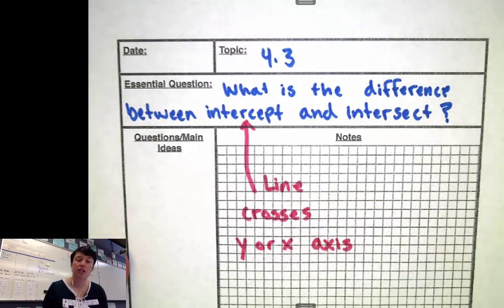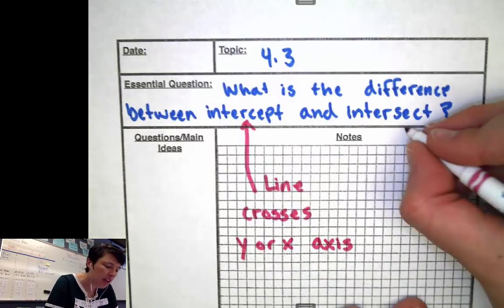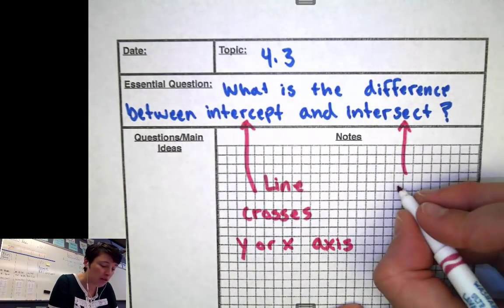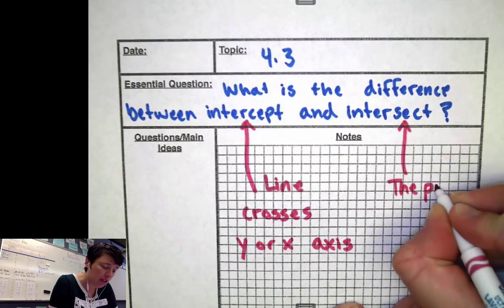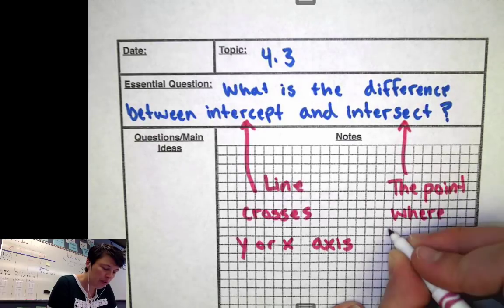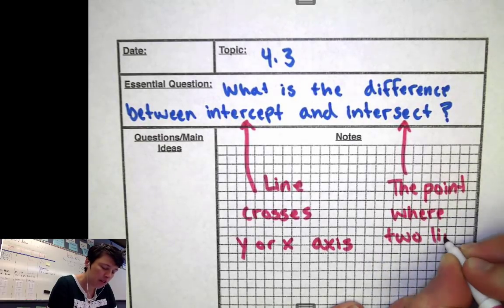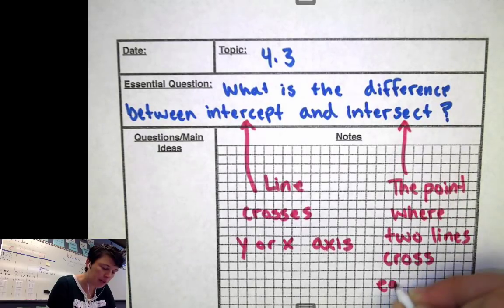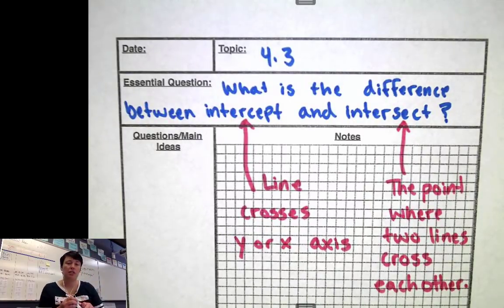We call it an intercept. An intersect is when you have 2 lines that actually cross each other. So the point where 2 lines cross each other. I write so big. Here we go. The point where 2 lines cross each other.